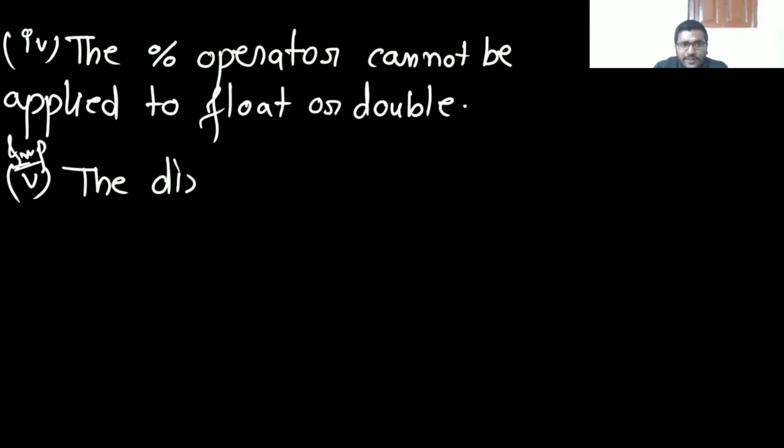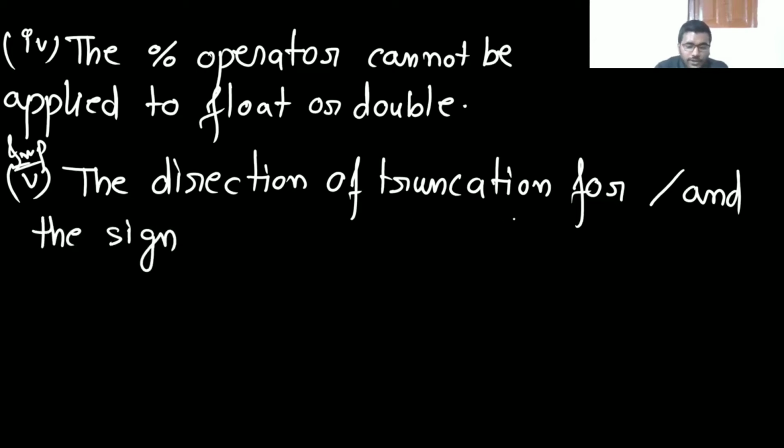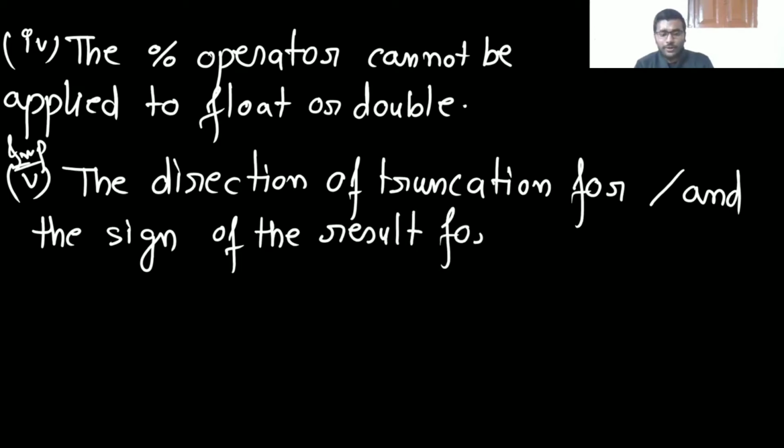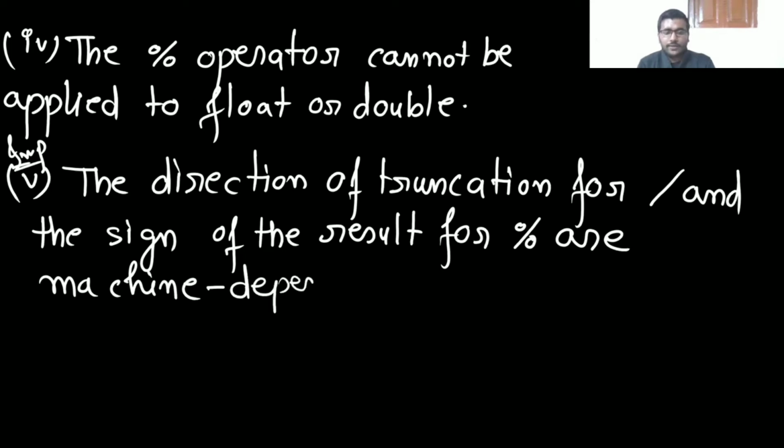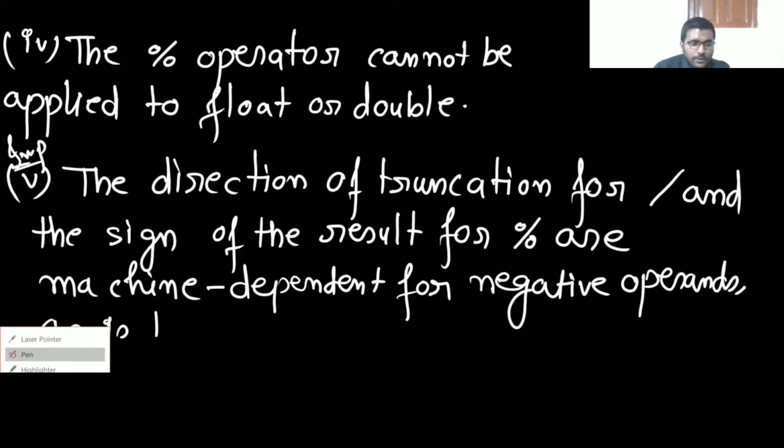The direction of truncation for divide, and the sign of the result for mod, are machine dependent for negative operands.